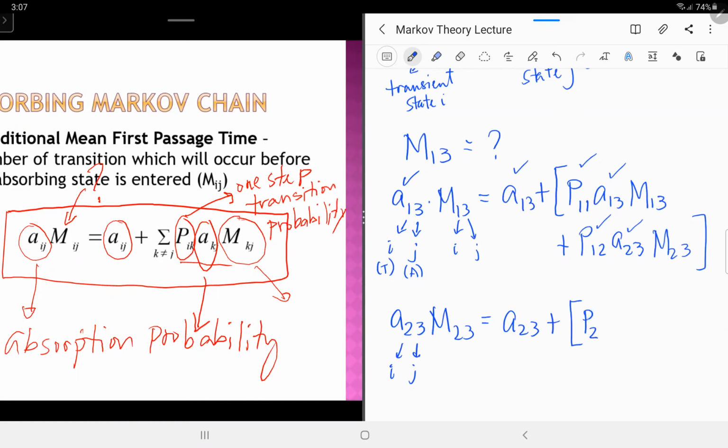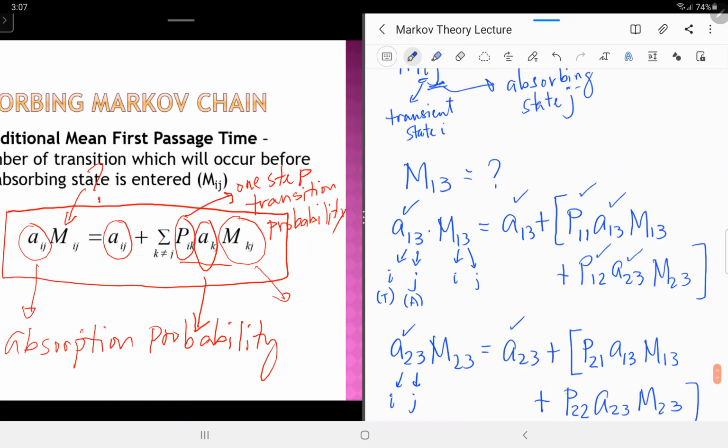Your K can be 1 or 2, so P21, A1J, AKJ, and then MKJ, plus P, your I is 2, PIK, your K could be 2, then A23, then M23.